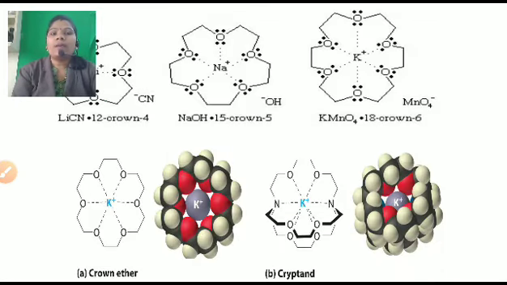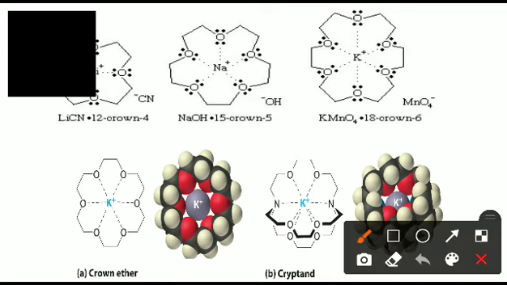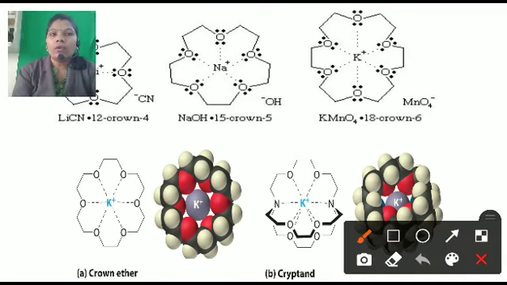Here are some examples of crown ethers which are useful for the extraction of specific metals only. First is 12-crown-4. This is a small crown ether, and that's why it is useful to trap only lithium. Next is 15-crown-5. This crown ether is useful only for sodium.